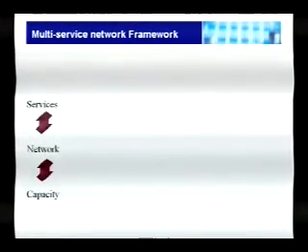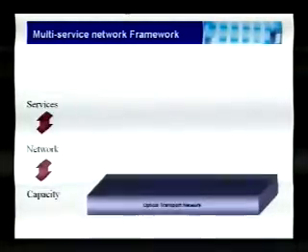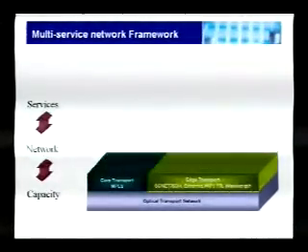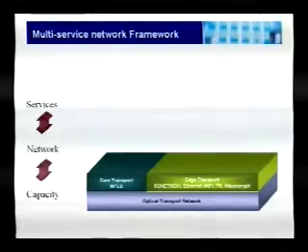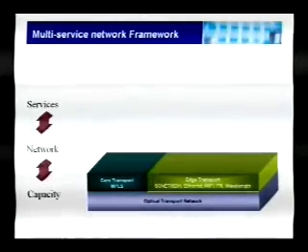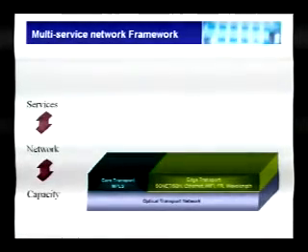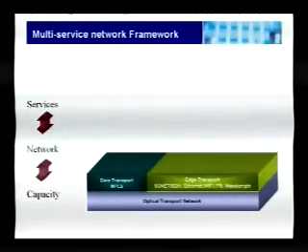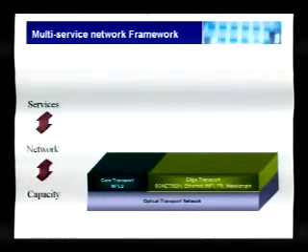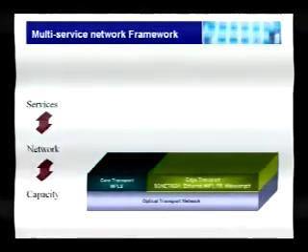The framework might look something like this. Capacity running on the very bottom, networking services in the center, your services running on top. You'll have your optical transport network, which probably everyone is running over. And then your core will probably be MPLS based with a variety of different protocols supported for the edge transport, be that SONET, Ethernet, Wi-Fi, frame relay, wavelength services, what have you.